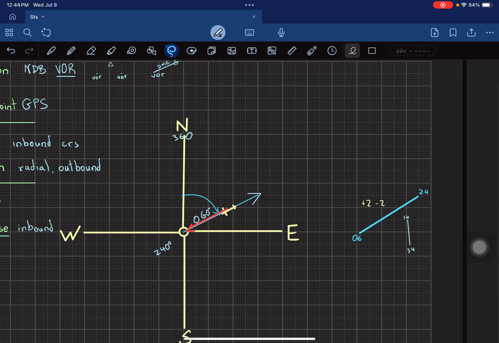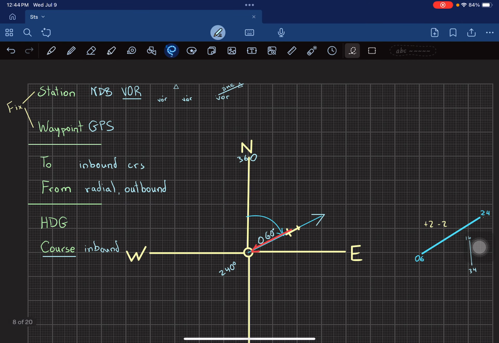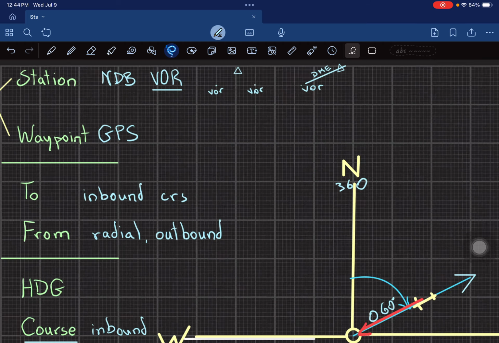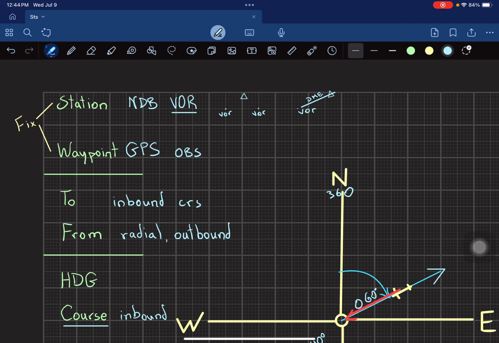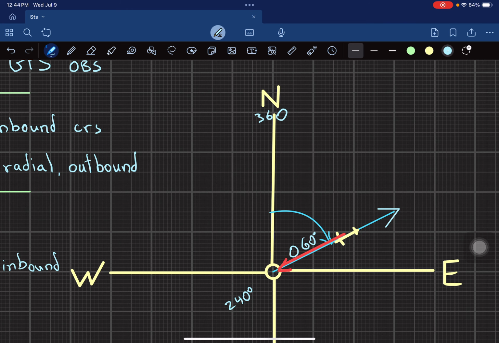Your frequencies and GPSs are set to the station. By the way, to make a GPS waypoint behave as a station, you would press the OBS button. This would interrupt the sequencing from one point to the next, and would keep you oriented to that waypoint, even though you cross it several times while holding.